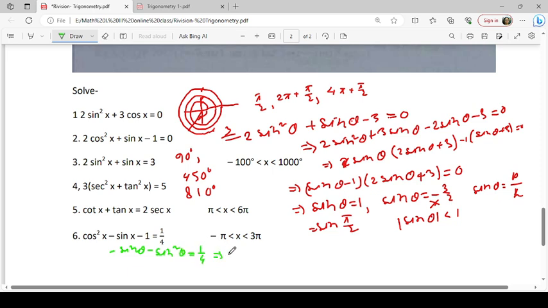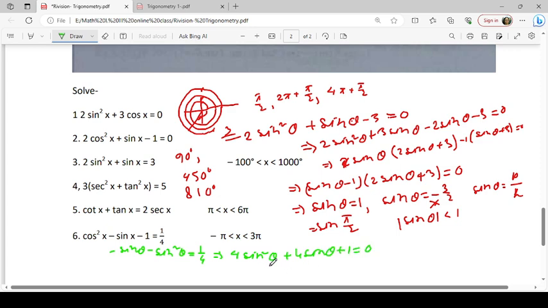Taking this to the right hand side, we can write 4 sine square theta plus 4 sine theta plus 1 equal to 0.